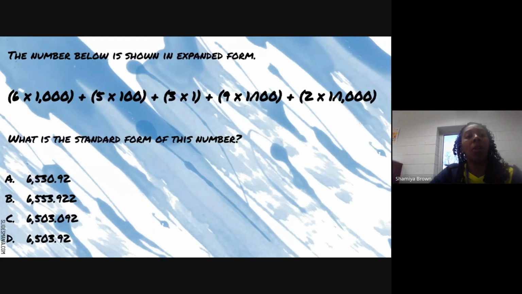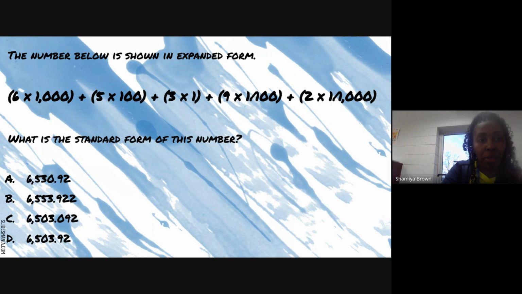The number below is shown in expanded form. So they give me a number in expanded form, and they ask me what is the standard form of this number. So we would just have to write out the number. I'll go ahead and just do it on top of each number so you can see. 6 times 1,000.